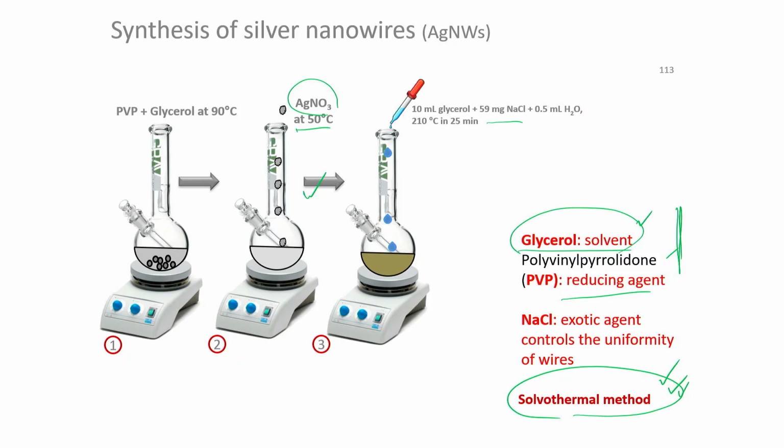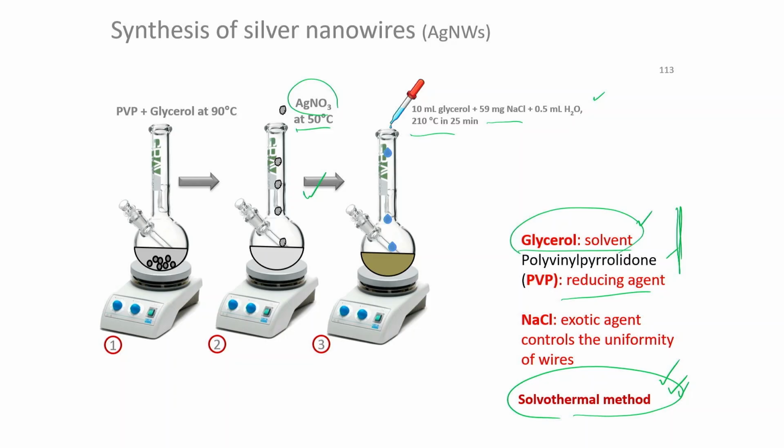First 10 ml of glycerol we have added, 59 milligram of NaCl and 0.5 ml of water, a small water drop, and again it is heated at 210 degree Celsius for 25 minutes.